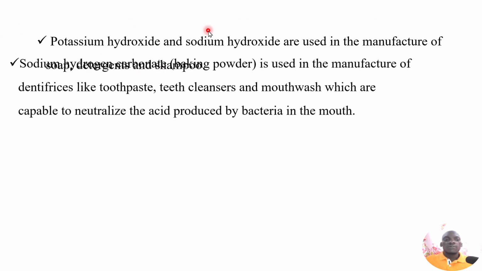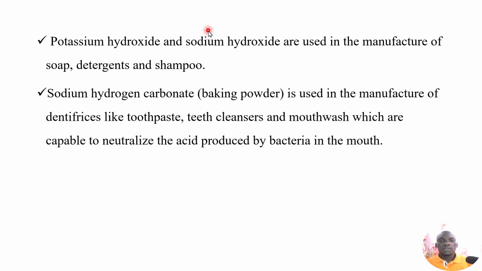We can also have the sodium hydrogen carbonate, which is baking powder, used in the manufacture of dentifrices. These oral products, for example, toothpaste, tooth cleansers, and mouthwash, are capable of neutralizing the acids produced by bacteria in the mouth.